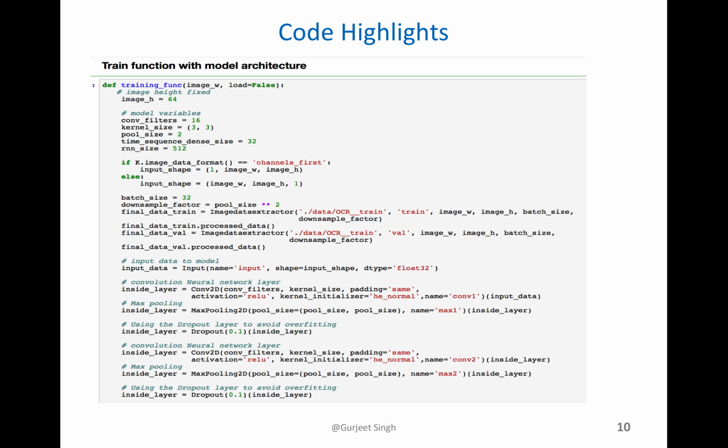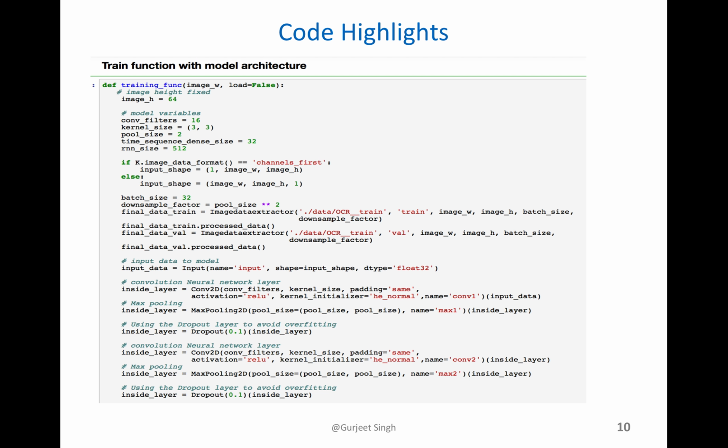Then you can see that I'm calling the image data extractor function, where I'm passing my image width, height, and the batch size. And I'm then getting the method of that class, process data, to standardize my data. And I'm doing the same thing for the validation also.